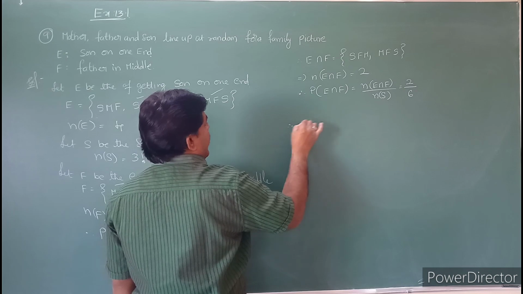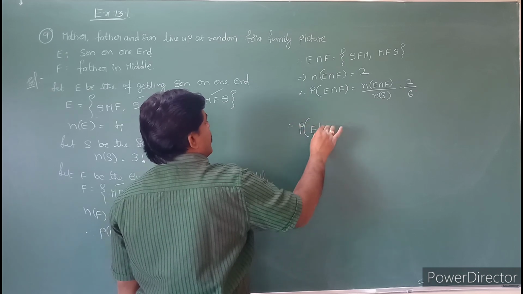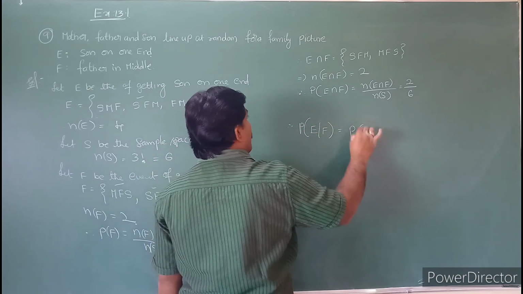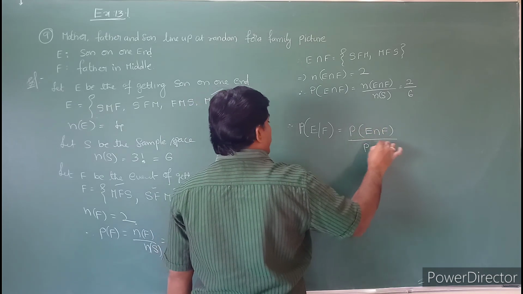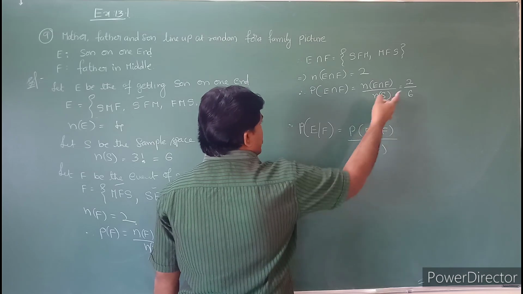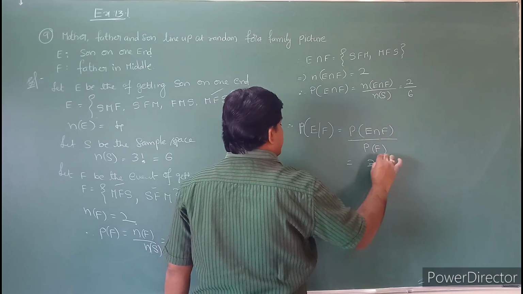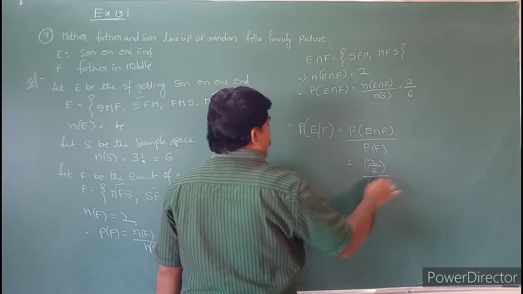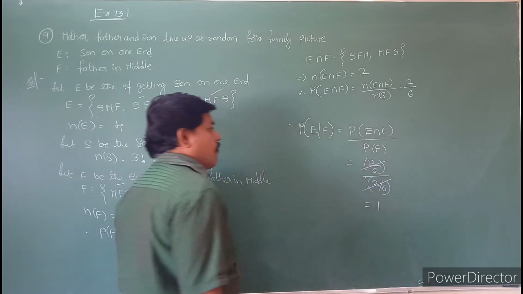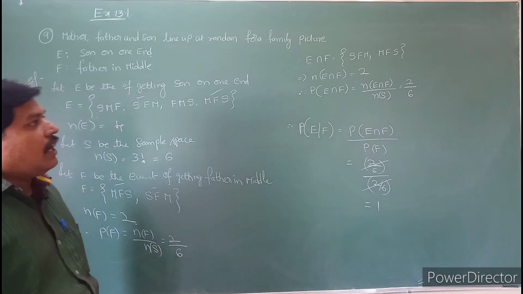You have to calculate P of E given F. That is equal to P of E intersection F by P of F. P of E intersection F is 2 by 6, by P of F which is also 2 by 6. You can cancel these values and you will get 1 only.